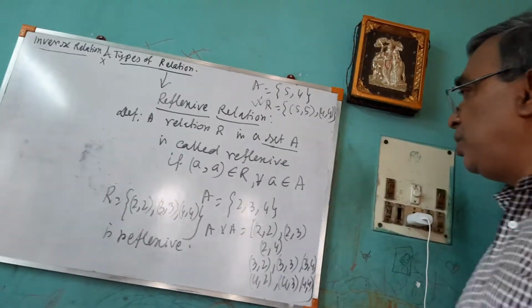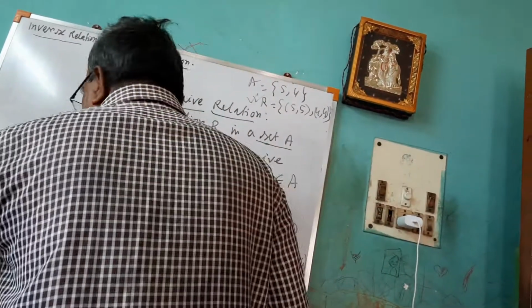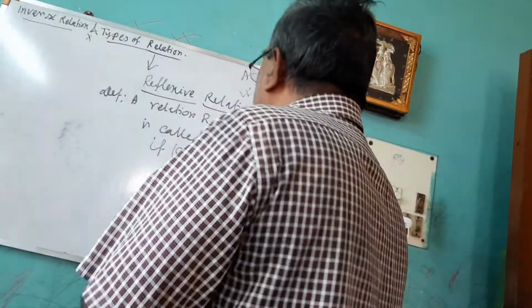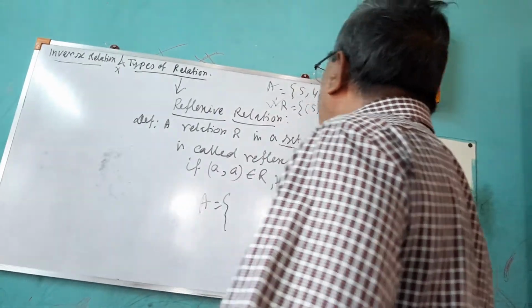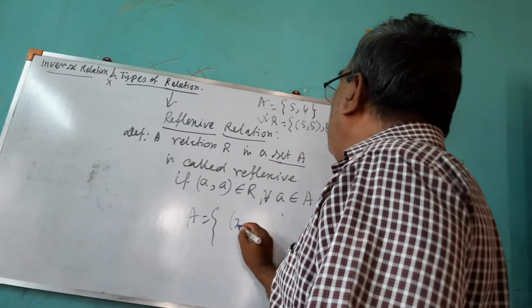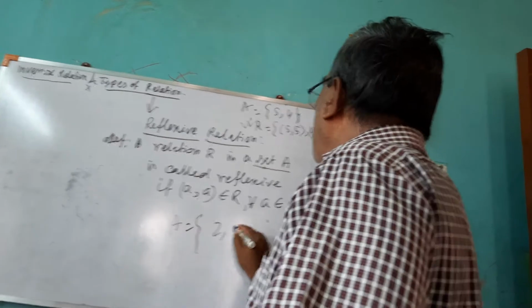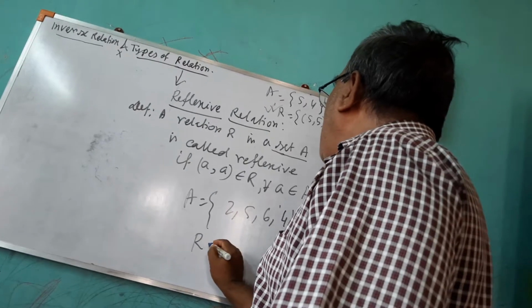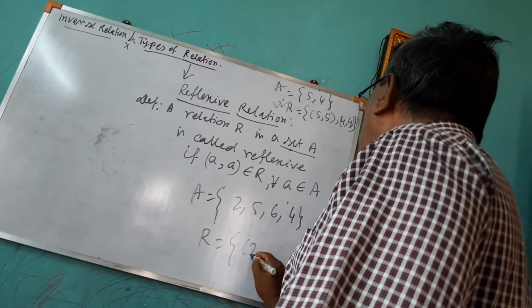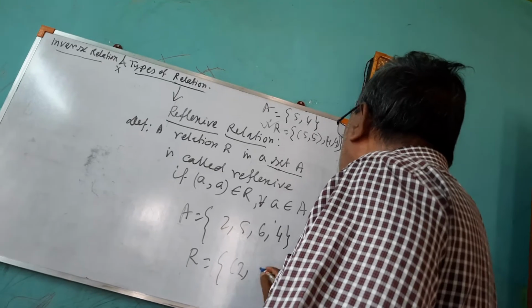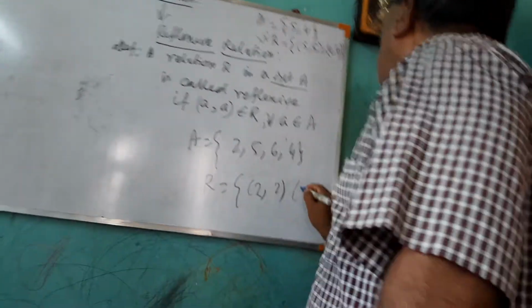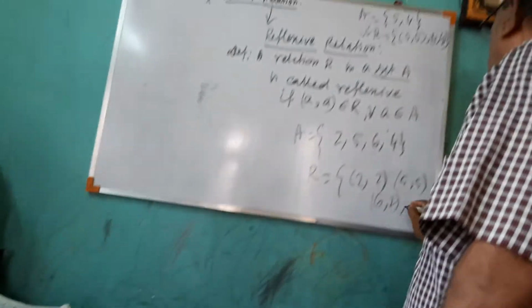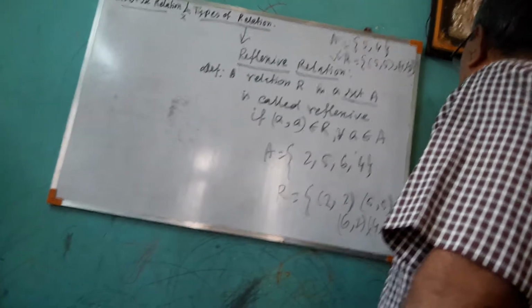Suppose another example. Suppose A is a set having elements 2, 5, 6, 4. If R is a relation, suppose (2,2), (5,5), (6,2), (4,2).